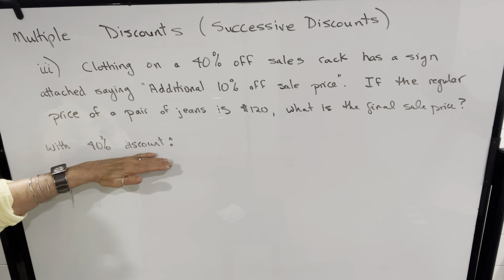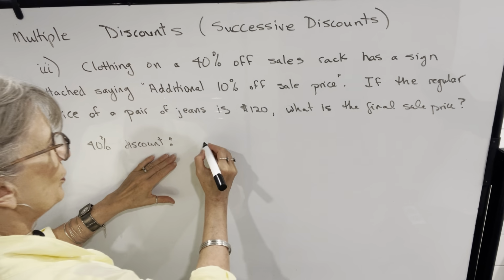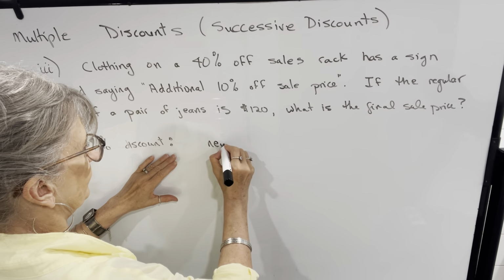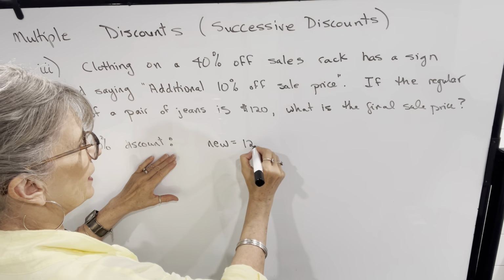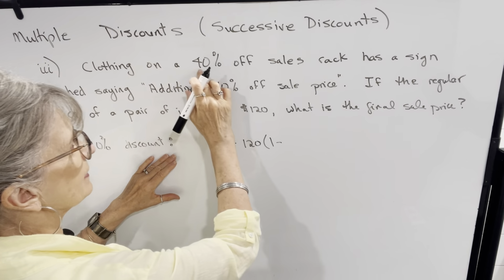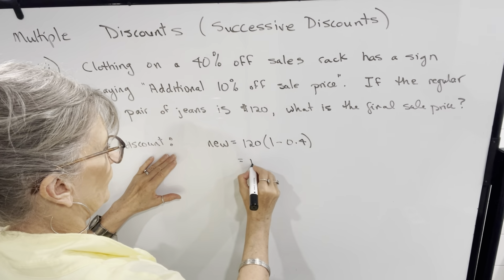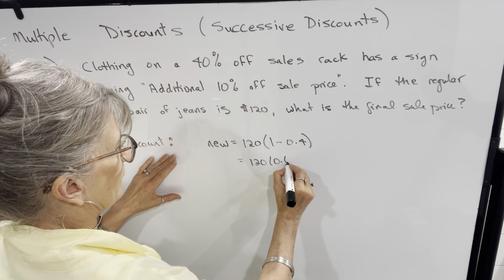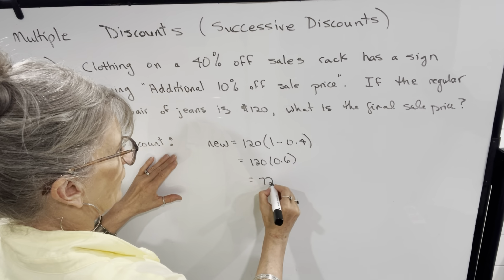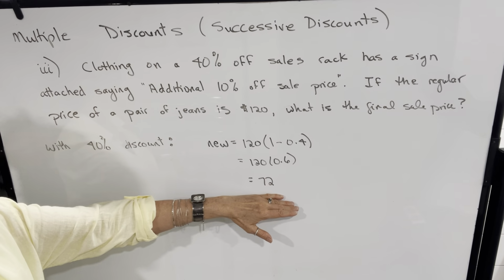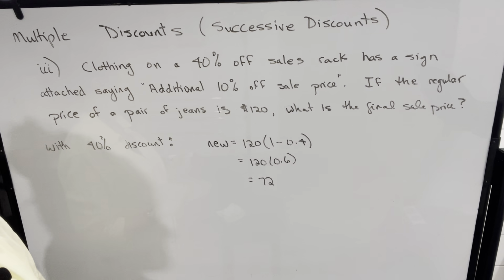So when we apply the 40% discount, our new price will be the old price of $120 times 1 minus 40%, which is 0.4. So the sale price is $72 before the extra 10%.